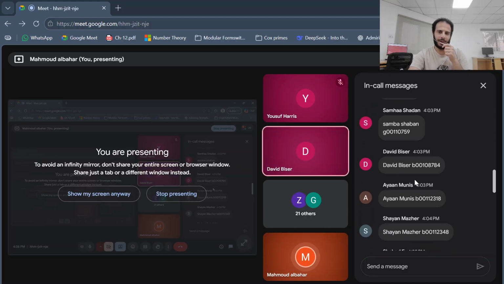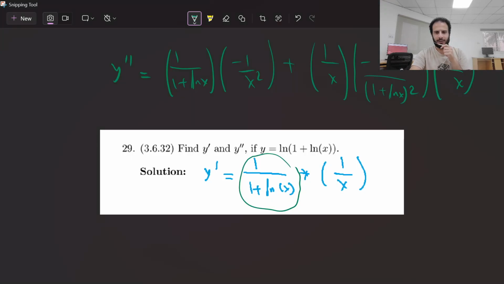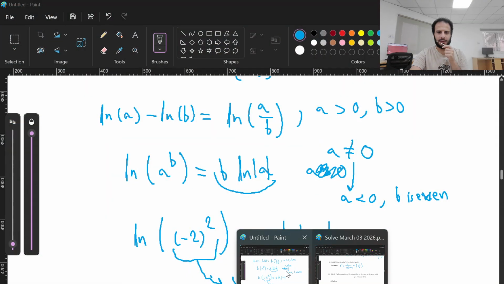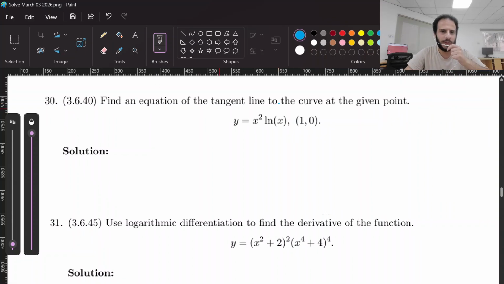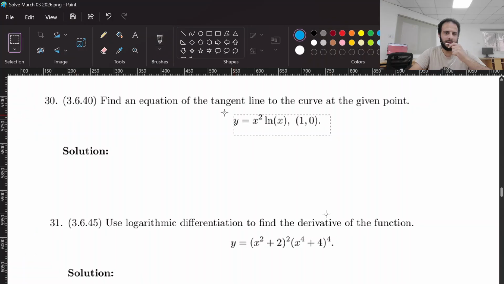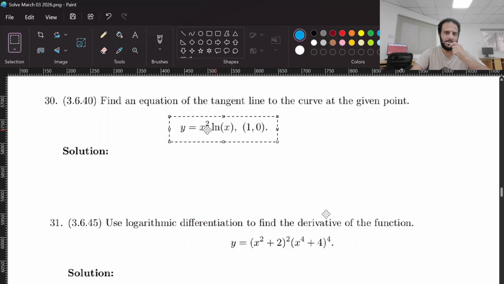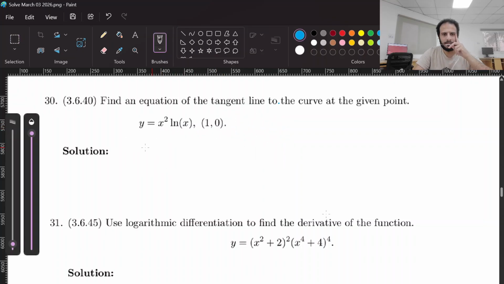Yes, Mirza? I need your help again. Okay. Now, where is it? Yes, it's here. Problem 30. Find an equation of the tangent line to the curve at the given point. y equals x squared ln x, at (1, 0). Okay, so first, we need to use product rule to differentiate. Yes, so y prime equals 2x ln x plus x squared over x, right?